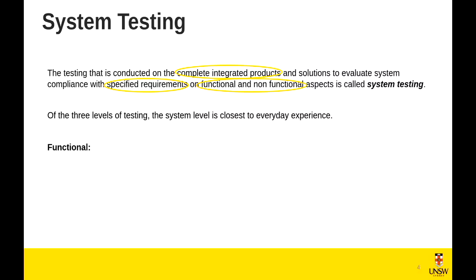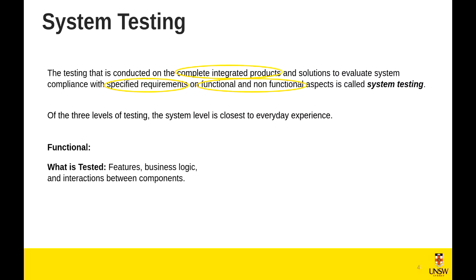And from the definition, we can see that system testing could be categorized as functional or non-functional. For functional, we are kind of familiar because we have learned a lot of different functional testing techniques in Week 2.